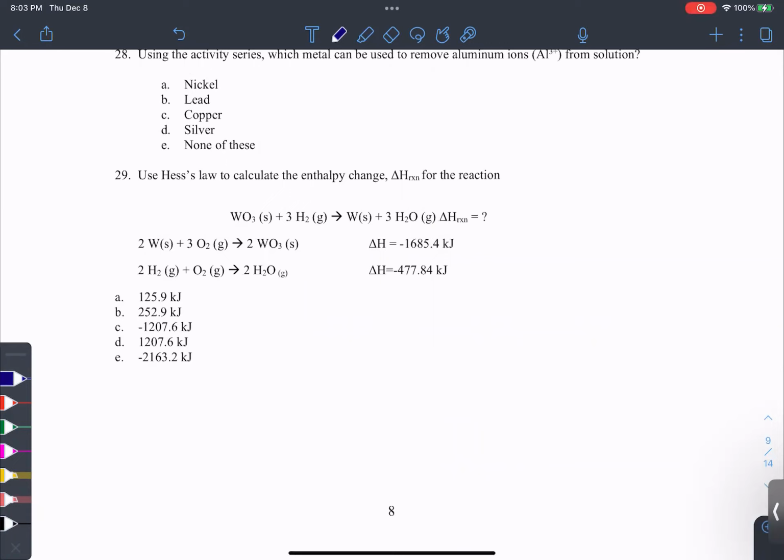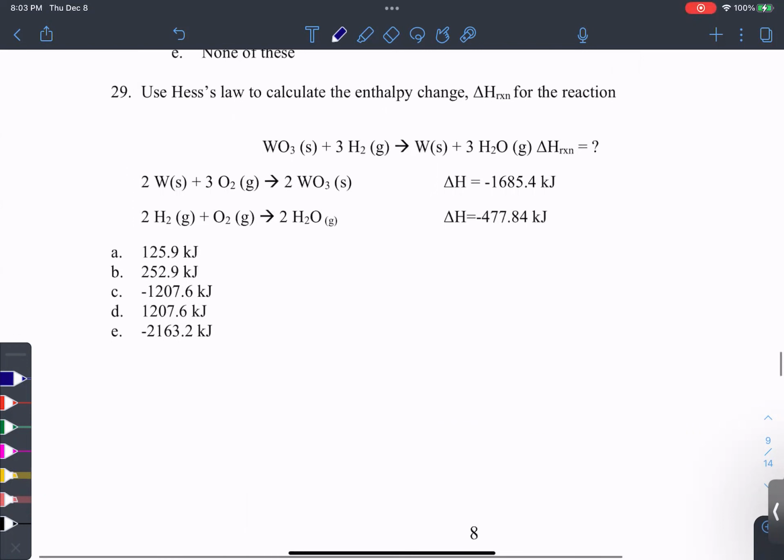So still enthalpy. Let's use Hess's law to calculate the enthalpy change for this. So this is the target reaction. And so we just need to manipulate the given reactions to get that target reaction. So I like to focus on one reactant at a time. So let's look at this WO3 solid.